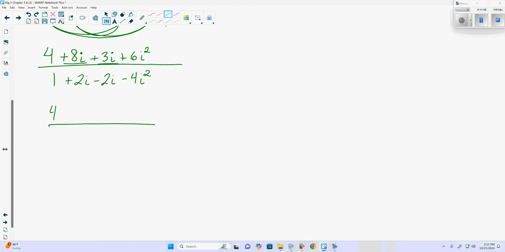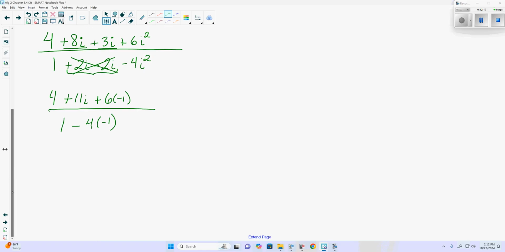Now our 8i plus 3i is going to be plus 11i. Now we could have just switched the signs with our 6 because our i squared is negative 1, which is just really going to turn it from positive 6 to negative 6. In the denominator, 2i minus 2i is 0. So we're still left with our 1 minus 4 times negative 1 because our i squared is negative 1.